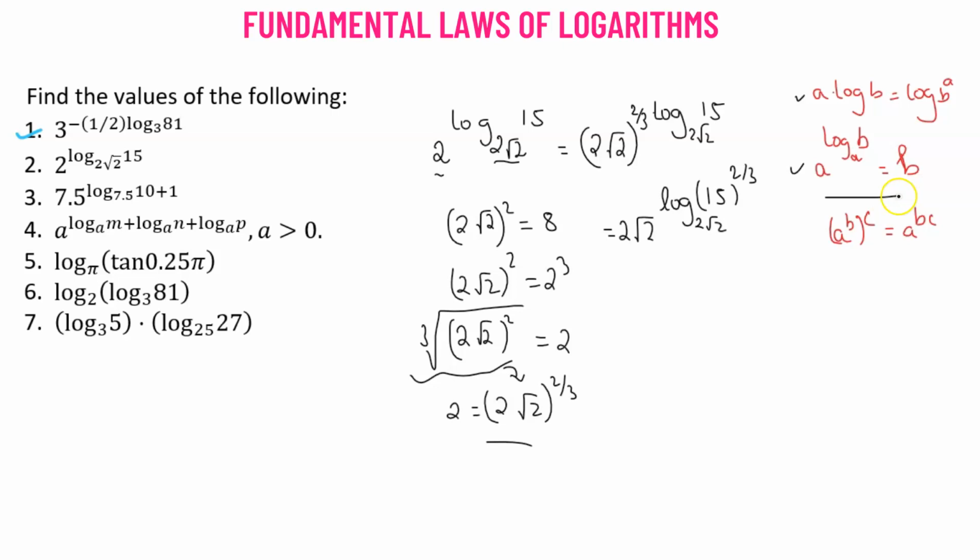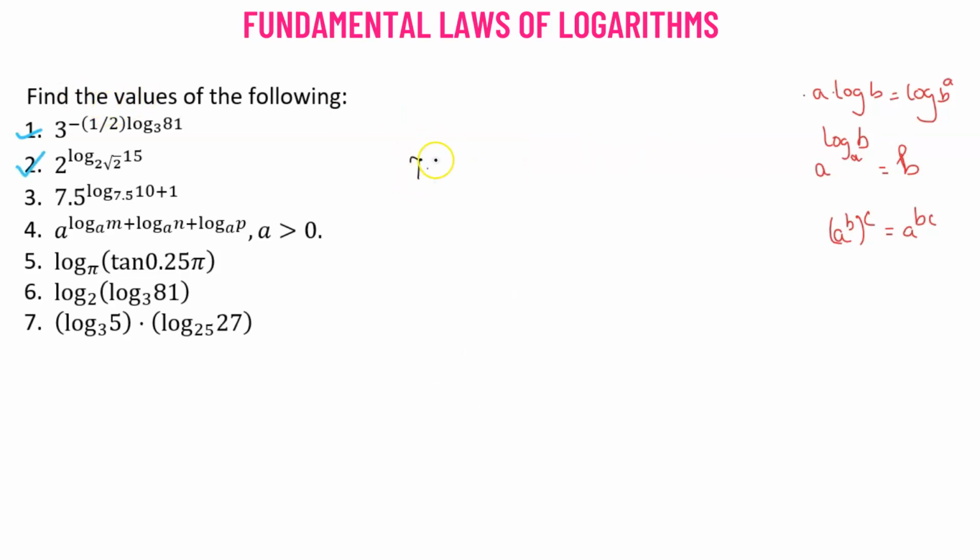Now we can apply this property because the base of the exponent and the base of the logarithm are exactly the same. So this gives us 15 raised to the power of 2 over 3. This is the value of the second problem. Now let's move on to the third problem.